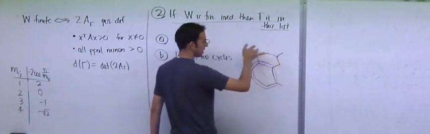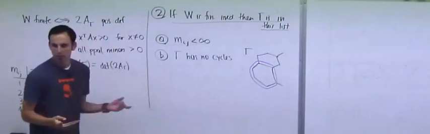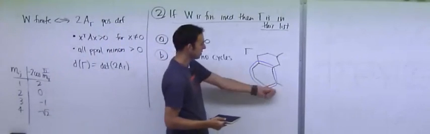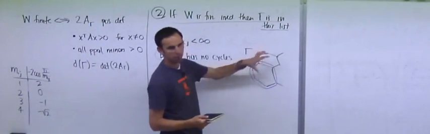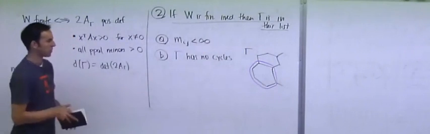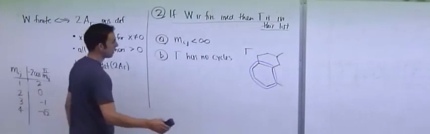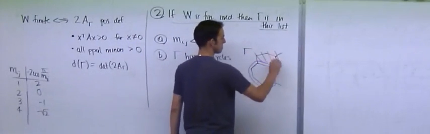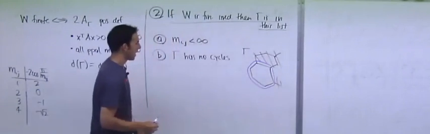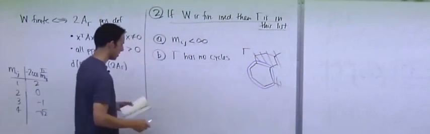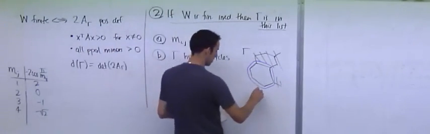If I just ignore everything but the cycle, the reason being that I'm just paying attention to these vertices, and they form a parabolic subgroup of this guy. So if my group is finite, its subgroup is also going to be finite. And therefore, I might as well just forget that this exists. Okay? And let me just pay attention to this part. Okay? This thing gives me a finite Coxeter group.